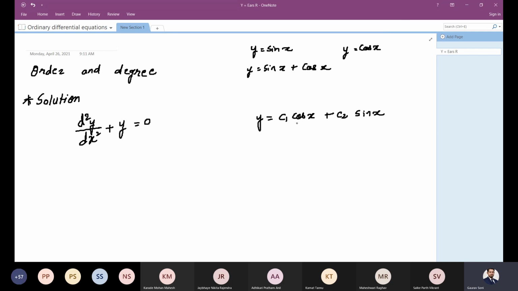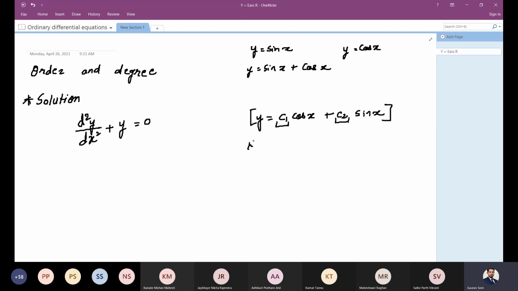And we combine all those solutions in this form: y is equal to c1 cos x plus c2 sin x. This type of solution has arbitrary constants c1 and c2. Why do you call it an arbitrary constant? Because you put any values of c1 and c2, you will get a solution of this differential equation.